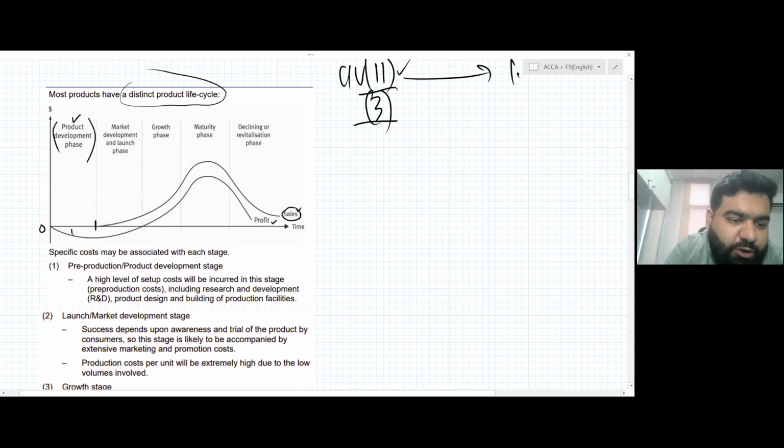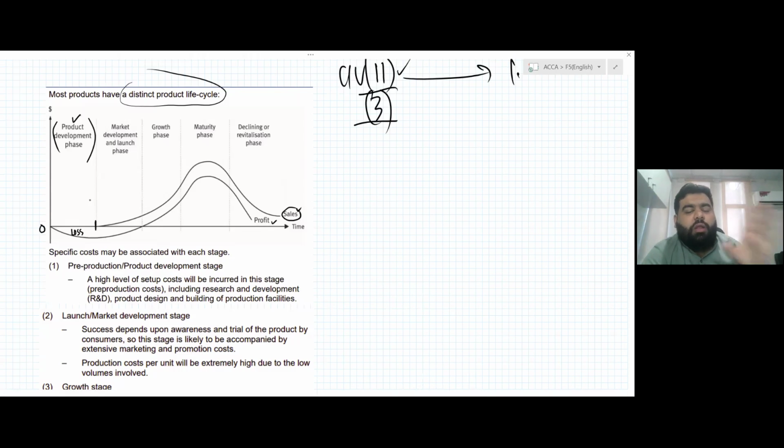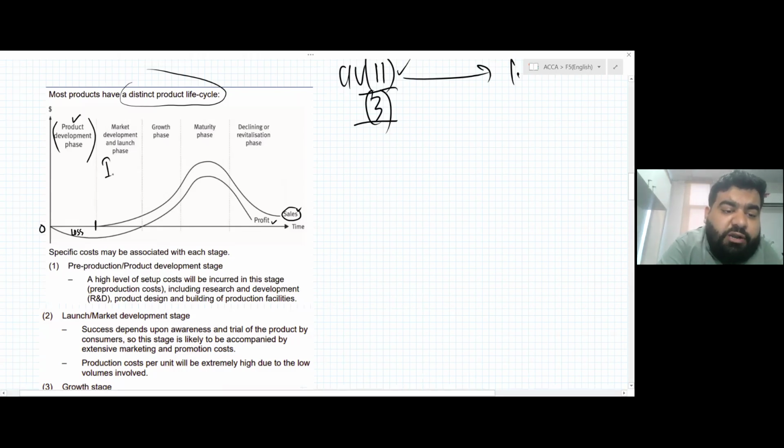Till this point you make the loss, because it's under the zero line. So every product in the development phase incurs a loss.